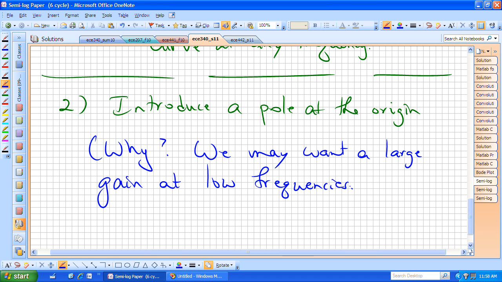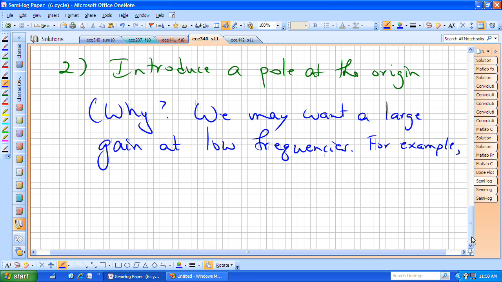And I'm sure you're saying, I still don't understand why we would want to do that. Well, as you go on in your coursework, hopefully this will become clear when you take, for example, a controls class. In a controls setting, you may want to have a high gain at low frequencies to zero an error signal.